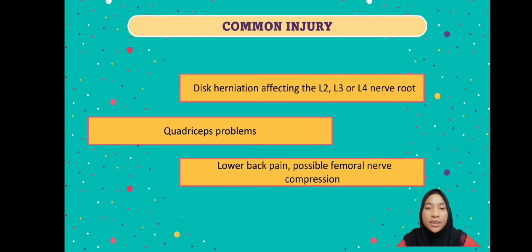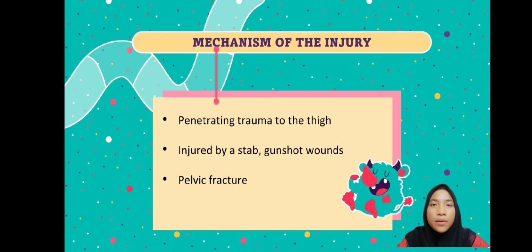The common injury that occurs is disc herniation affecting the L2, L3 and L4 nerve roots at the lumbar spine, quadricep problems, lower back pain, and possible femoral nerve compression. The mechanism of injury is penetrating trauma to the thigh, injury by stab or gunshot wound, or pelvic fracture.